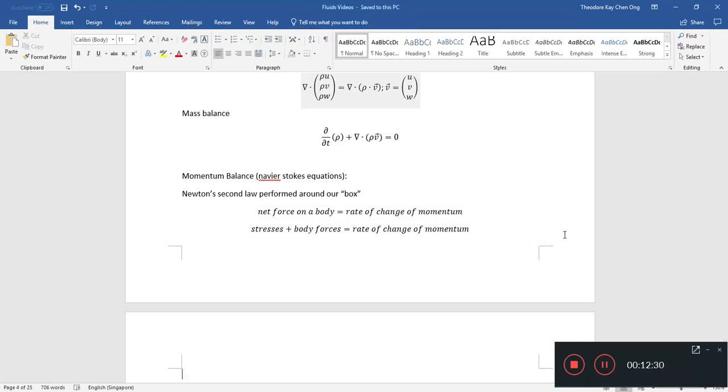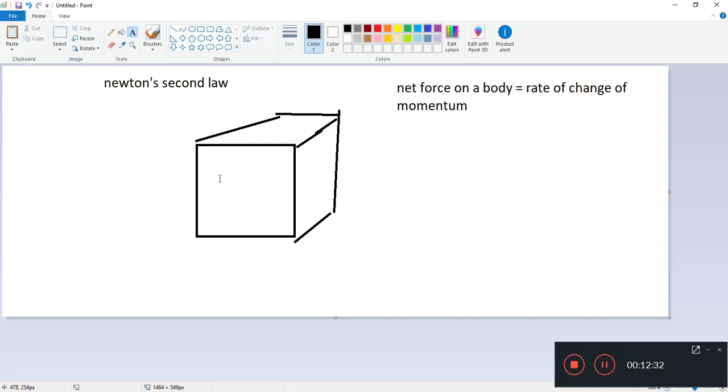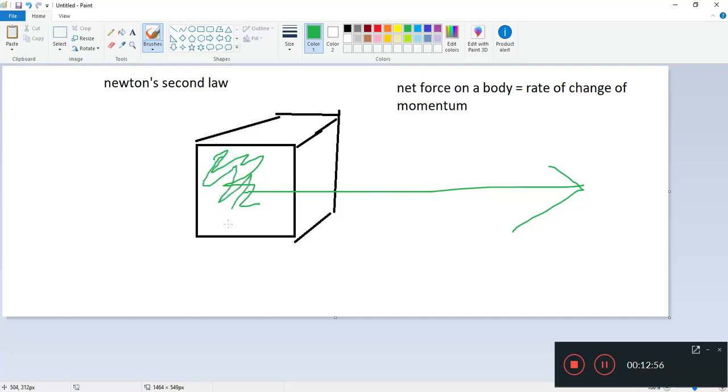Alright, if you're talking about stresses, maybe you look at this box and then you see this front face here, and then you decide to apply a large force this way. Now, this is known as a stress. So this is parallel to this plane here.